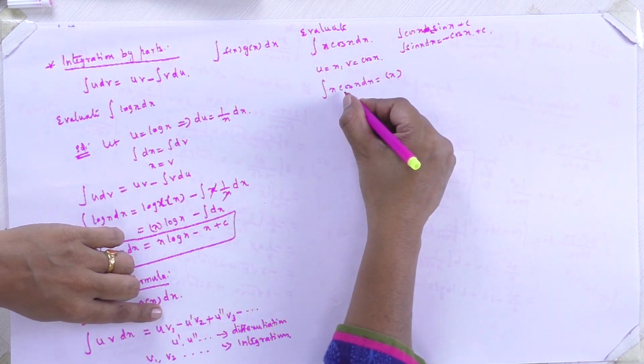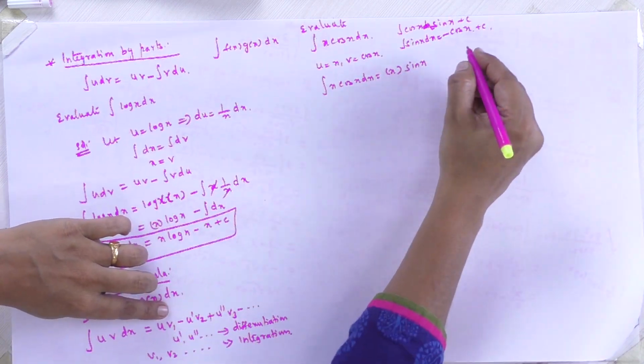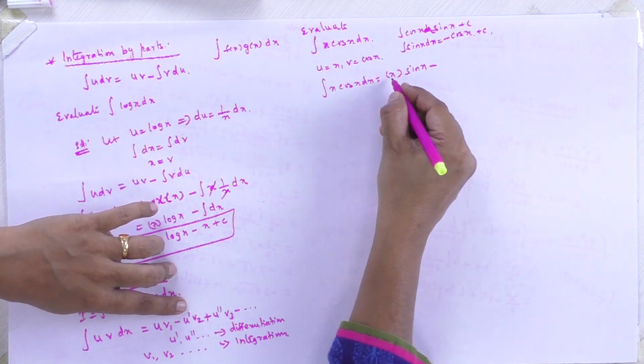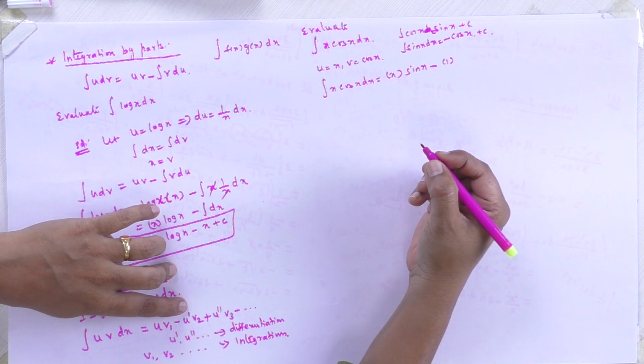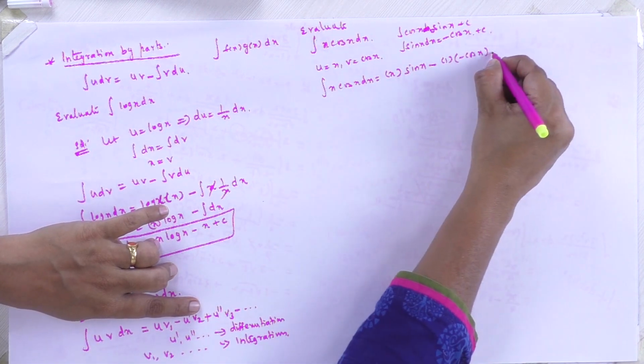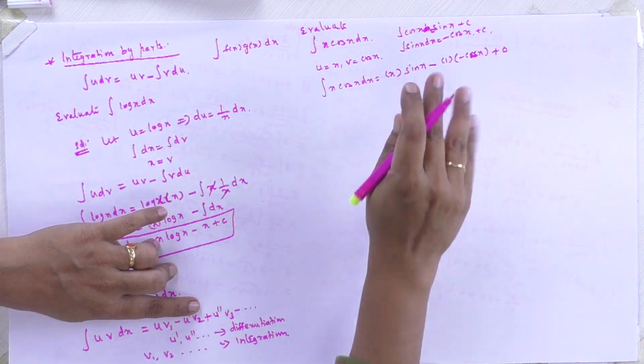Here the integral of cos x is sin x, so u v1, minus u dash. The differentiation of x is 1. Then the integration of sin x is minus cos x. The next differentiation, of 1, is 0, so you stop.